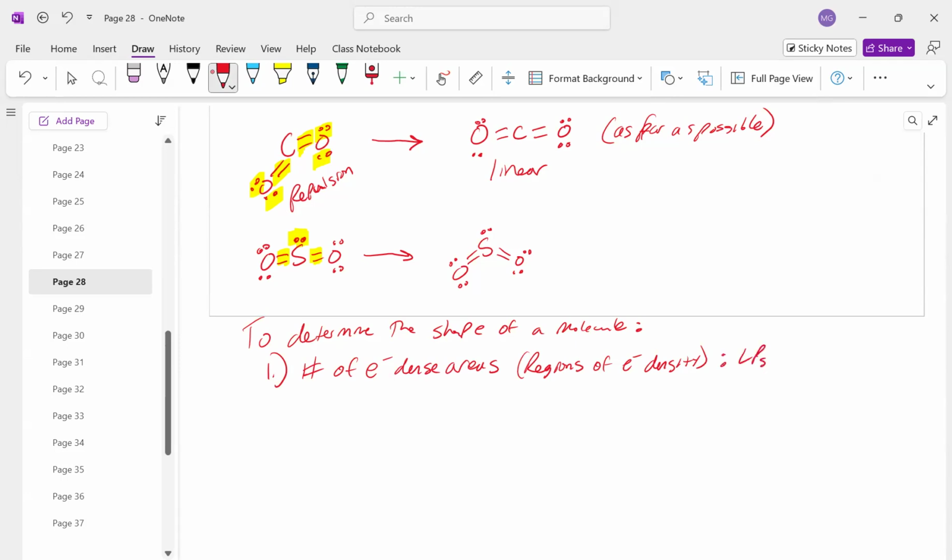Those are lone pairs and bonds. Now, one thing I want to highlight, a common mistake students make when counting these regions up, is that a single bond is one region of density. A double bond is one region of density. A triple bond is one region of density. Even though there are more and more electrons in a triple bond or a double bond, we always count them as just one region of density.